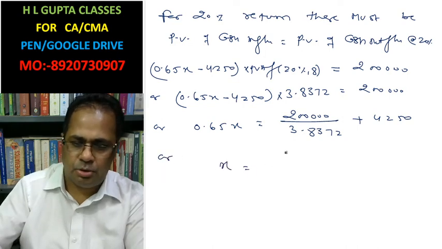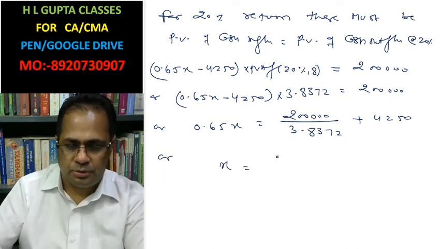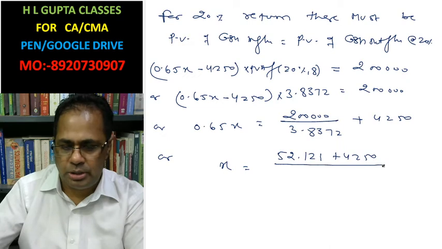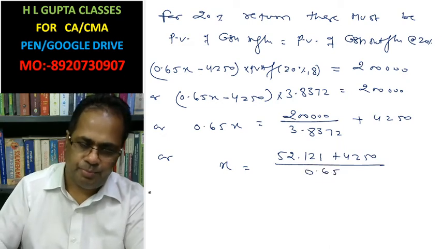Or x equals 52,121 plus 4250 whole divided by 0.65.